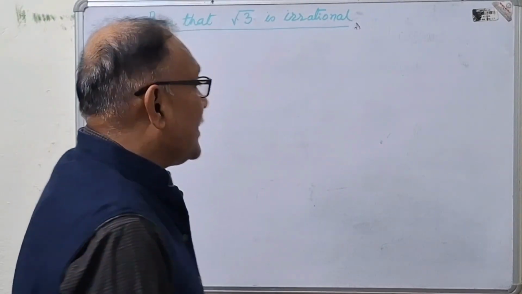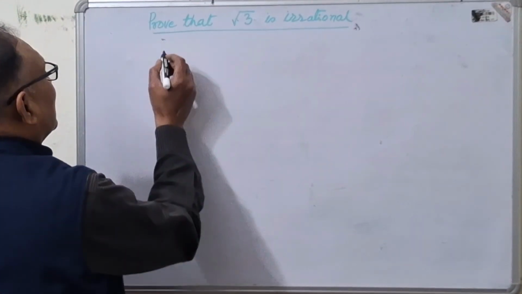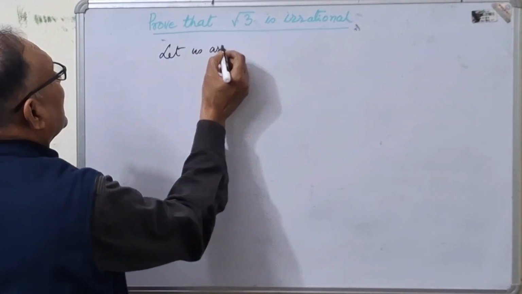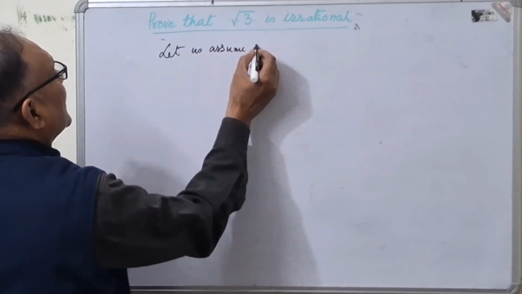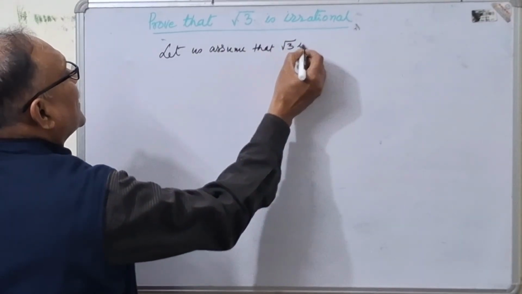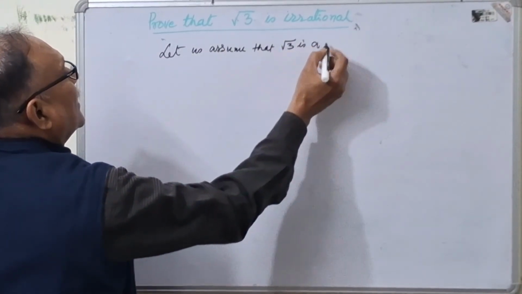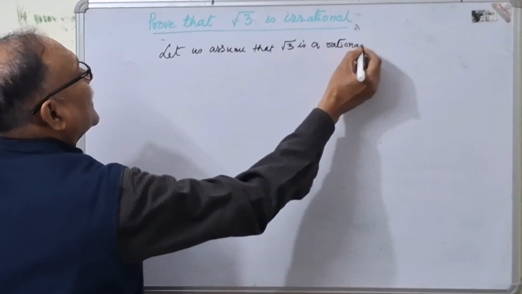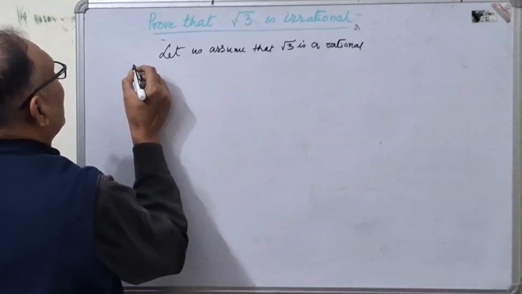Let us assume that square root 3 is a rational number.